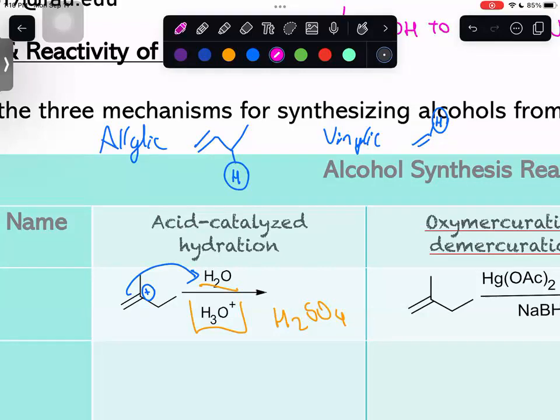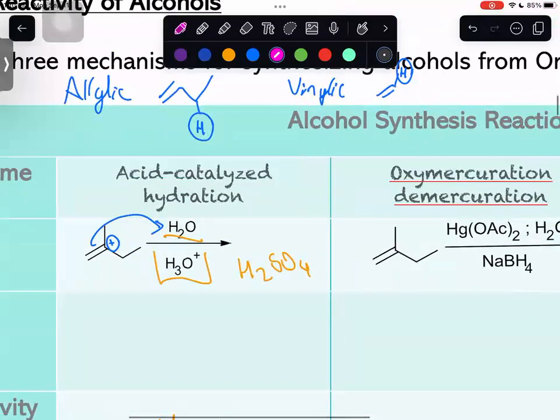No, because remember, once we create the carbocation, we're getting rid of every double bond, so there's no allylic position at all. You just have to remember the allylic position because of something we're going to talk about next. But in this case, once the double bond does the first attack, that pi bond is going to be gone, so there's not going to be any allylic position.